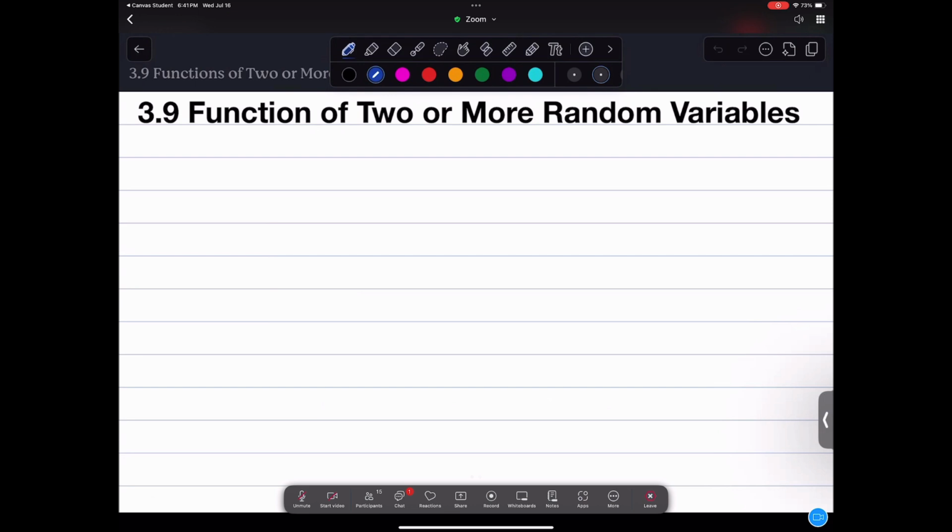Let's get discrete first and then continuous. So starting from 3.9.1, let's get random variables with a discrete joint distribution.